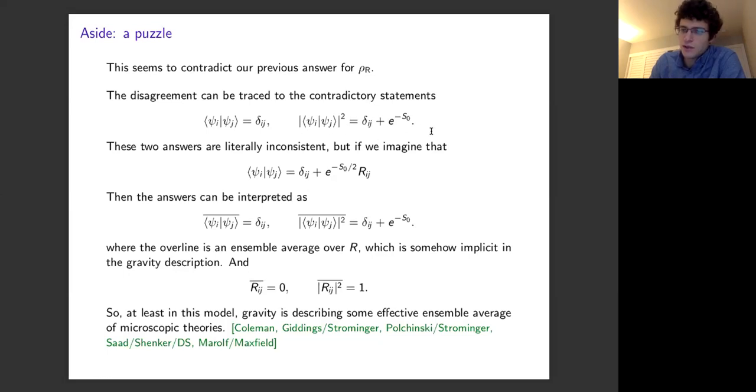It's when you try to interpret the computation of the entropy in terms of data about these inner products that you run into trouble. So it could be that we're not allowed to do that step in more interesting higher dimensional examples. But in this theory, we can do that step, and we find that it has to be an ensemble.